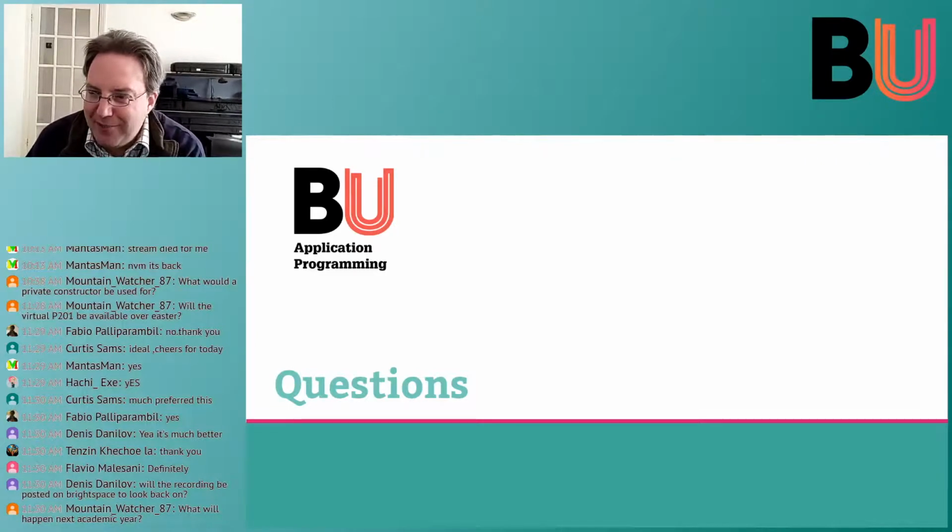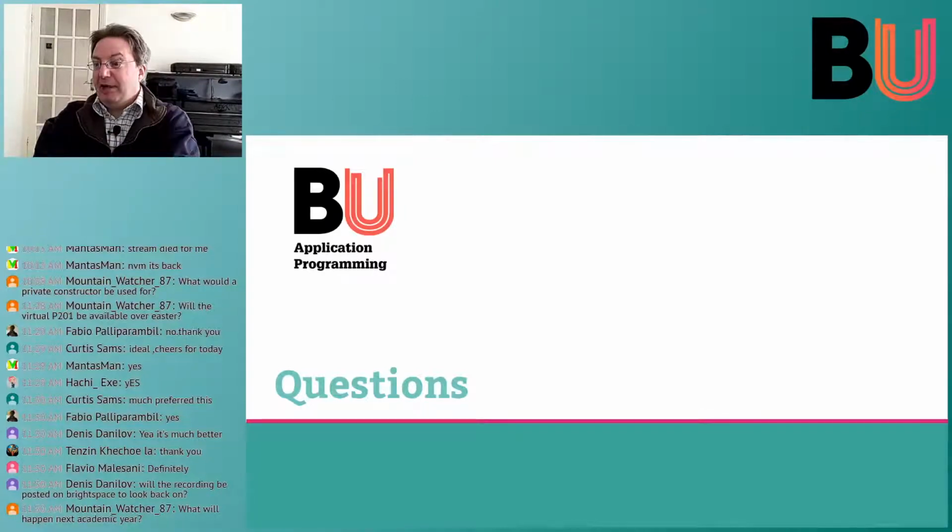What will be happening next academic year? Hopefully by next academic year the mess will be sorted out. Although for many of you, you will be on placement and you would have to contact your placement company. But I expect that you will be able to do a placement even if the academic year starts a bit late.